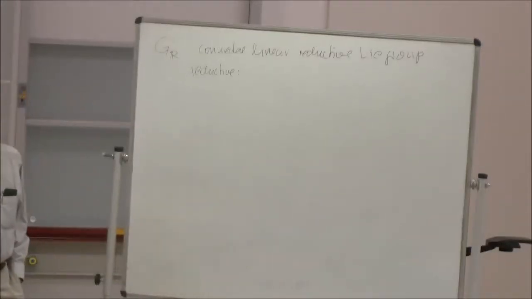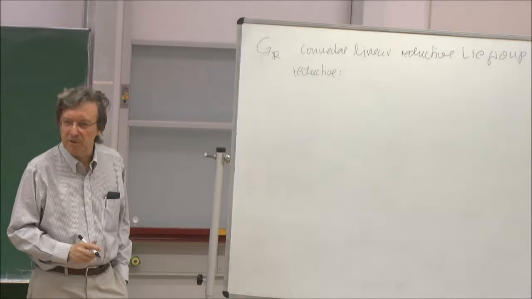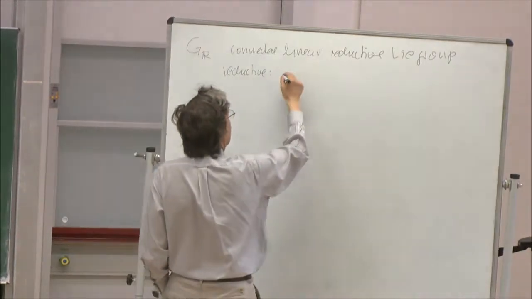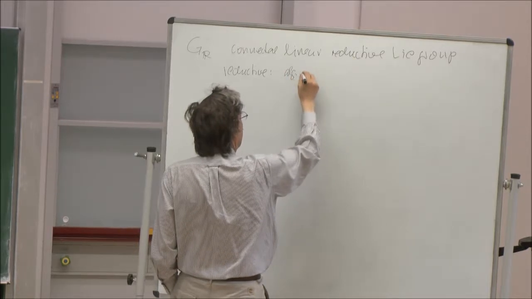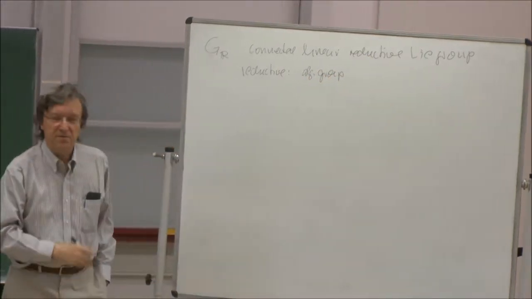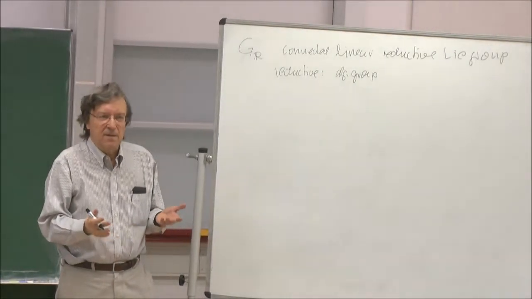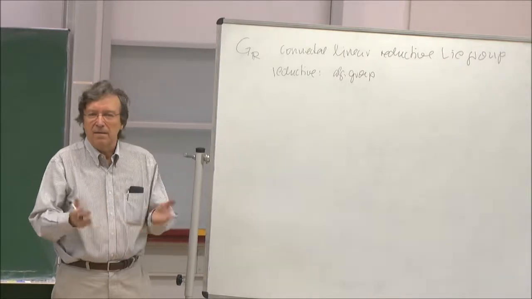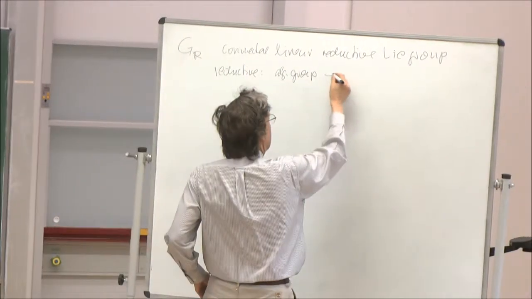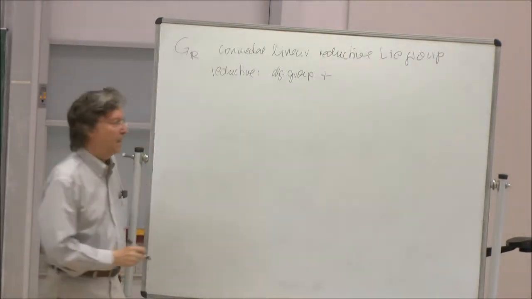I won't give you a characterization that is not the definition, but it's certainly a good working definition. Reductive means that it is first of all an algebraic group. So linear means it's a group of matrices, and an algebraic group means defined by a set of polynomials, plus an additional property that you will see in just a moment.